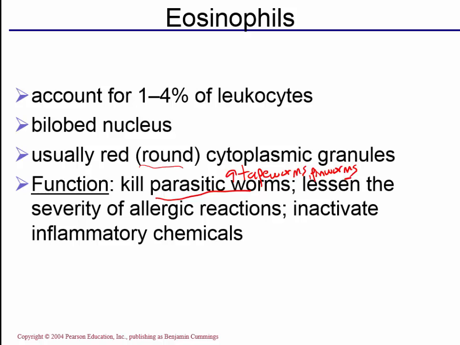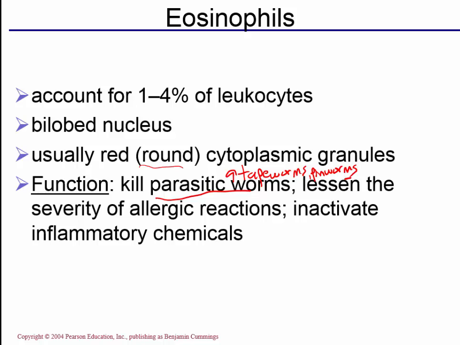The way that eosinophils work is they release chemicals from the granules onto the surface of the worm, which breaks down the worm. Another role of eosinophils is to lessen the severity of allergic reactions. Often when patients are having a true allergic reaction, the doctor will look at the blood under the microscope to see if there's an increase in the number of eosinophils.